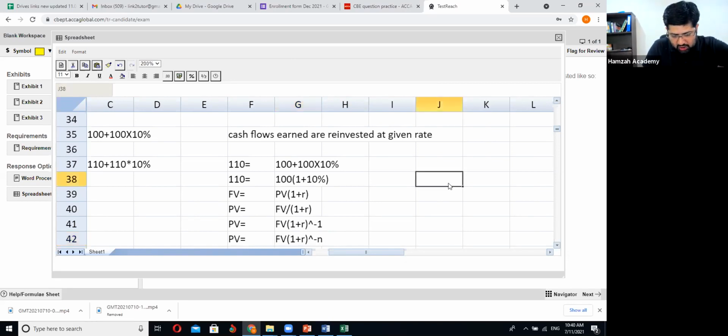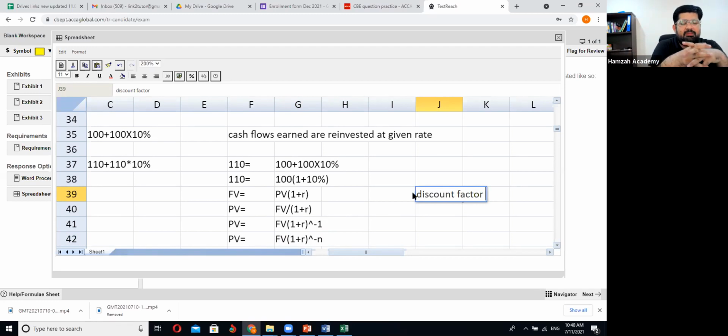This is called the discount factor. A discount table is given in your exam, but we need not memorize that.